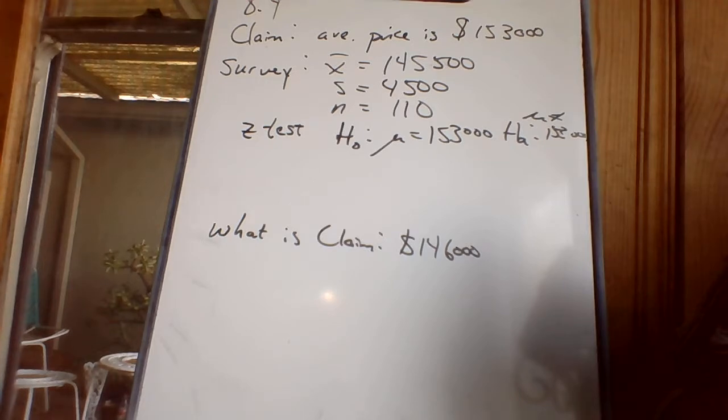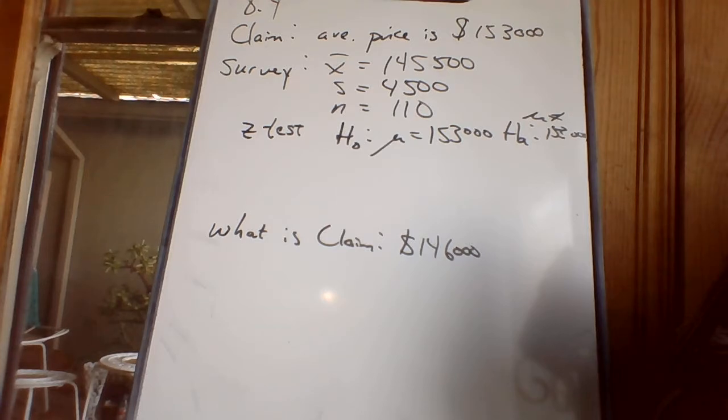Sigma. If I wait around in line for somebody to come and give me a sigma, I'll never get anything done. I'm just going to use S. X bar, 145,500.